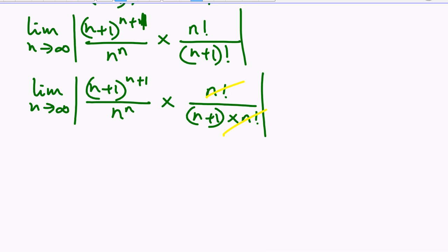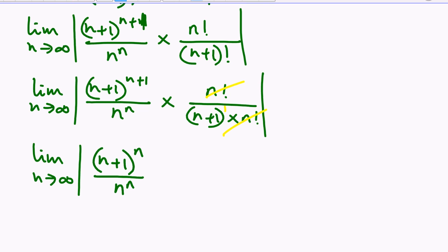That cancels out, and we can simplify this because this is n plus 1 to power 1. We can simplify that with that as well. So what we end up with is the limit as n approaches infinity of the absolute value of n plus 1 to power n over n to power n.